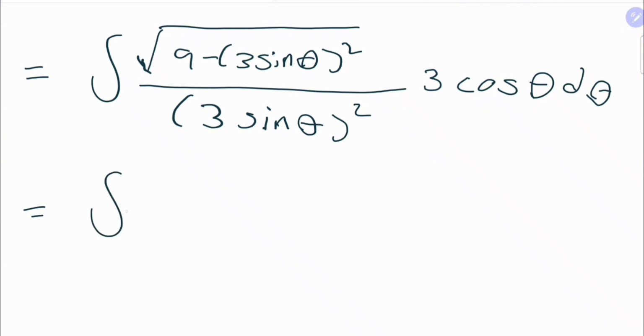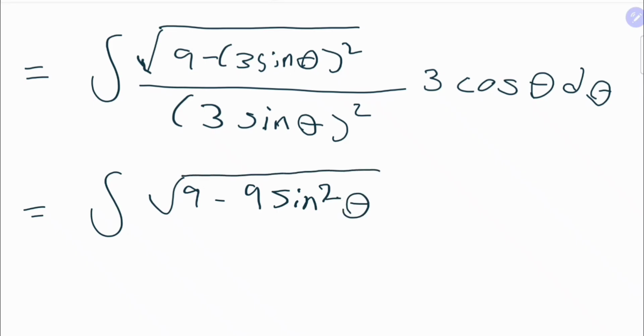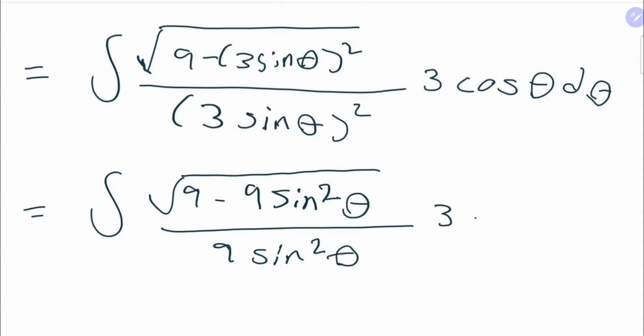This is equal to the integral of the root of 9 minus, and with this exponent, we just move the exponent to the 3 and the sine, so minus 9 sine squared theta, over 9 sine squared theta, times 3 cosine theta d theta.